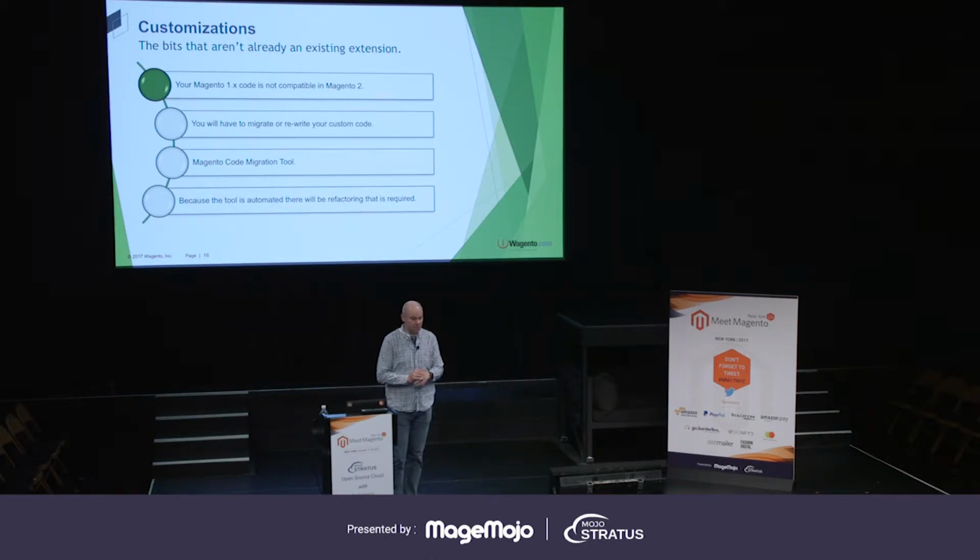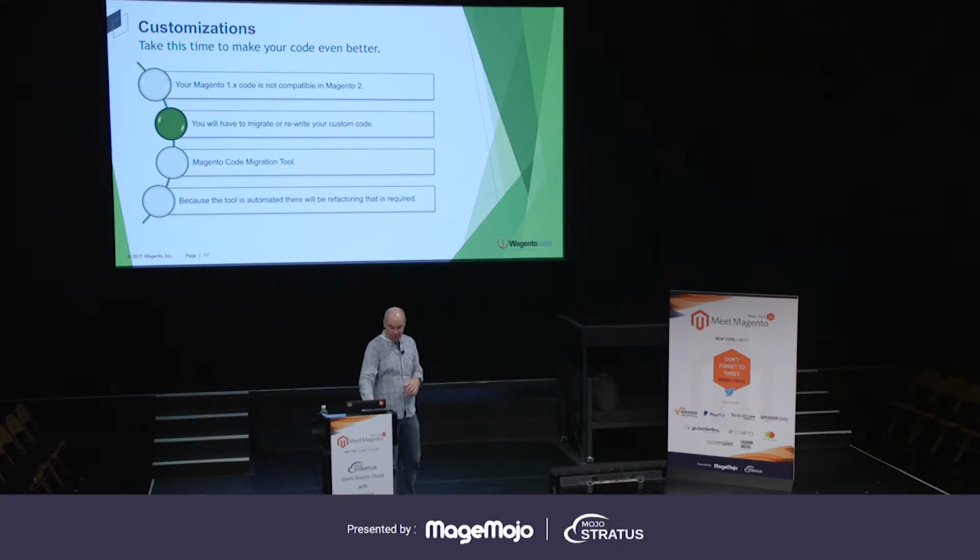Customizations, again, anything that you did in Magento 1 is going to have to get refactored for Magento 2. So your customizations are going to have to be refactored. You can migrate your data, but you're going to have to rebuild the core code that you've made in your customization. There is a Magento code migration tool.